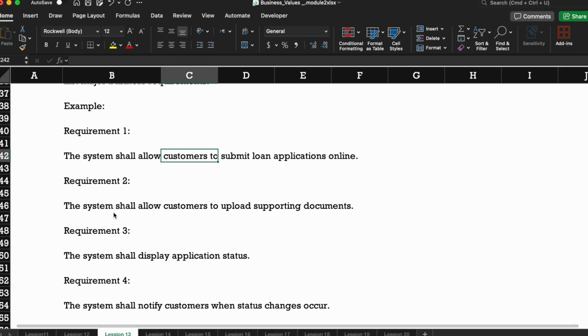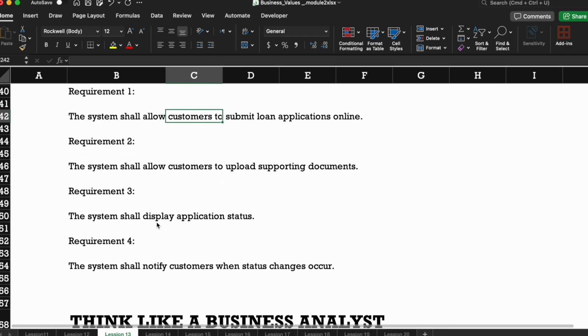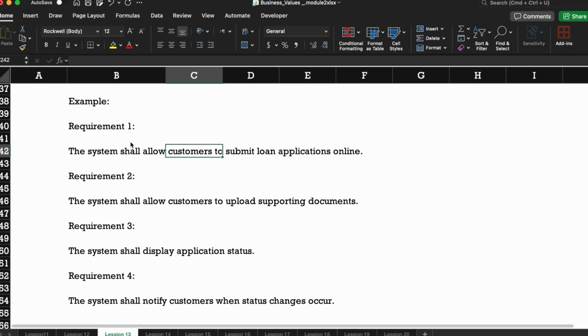Requirement 2: the system shall allow customers to upload supporting documents. Requirement 3: the system shall display application status. Requirement 4: the system shall notify customers when status changes occur. I would like to have numbering so that we can refer to the section, because BRDs usually have multiple pages, so it's important to have some sort of numbering to track the requirements.